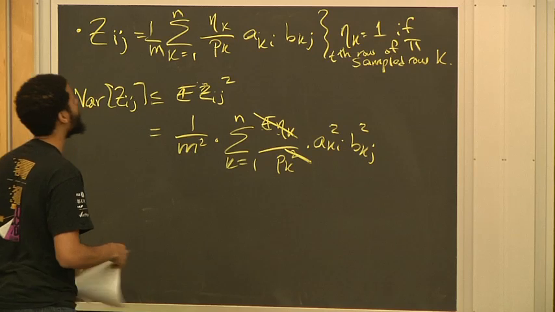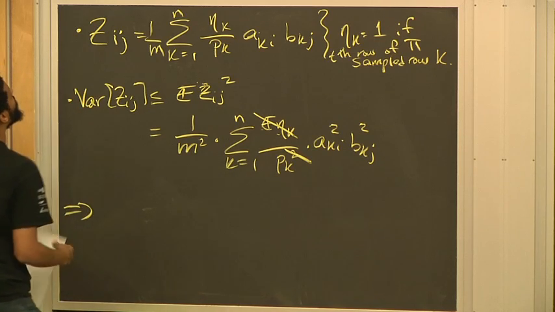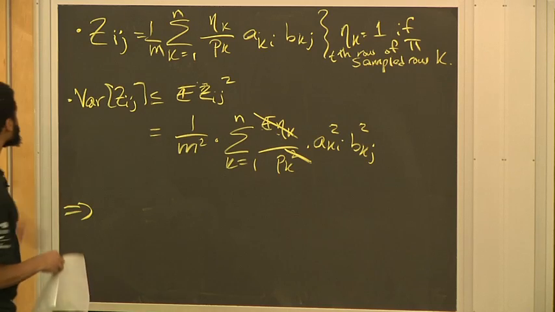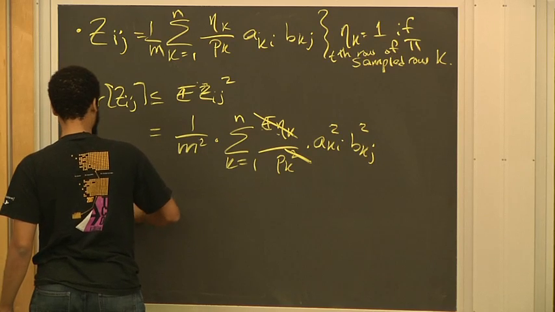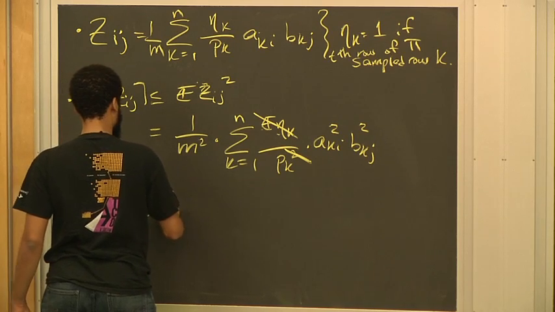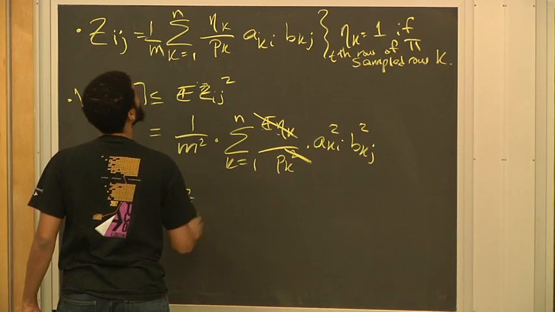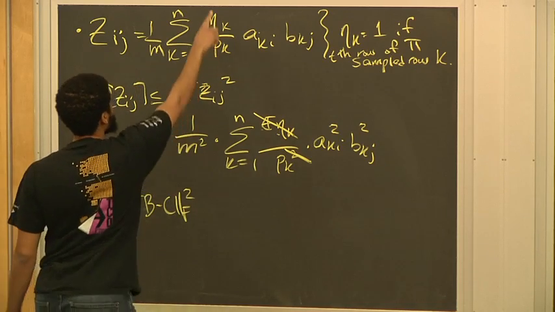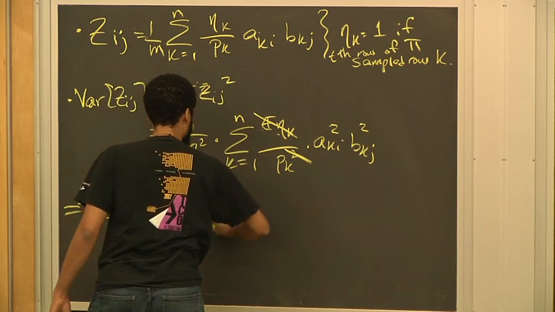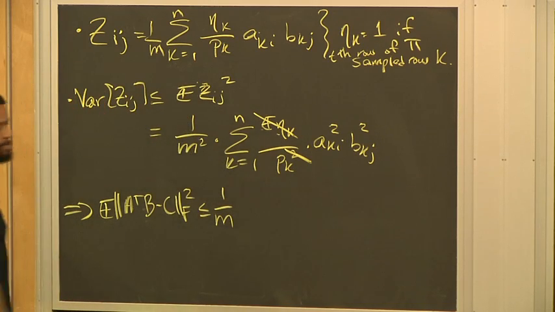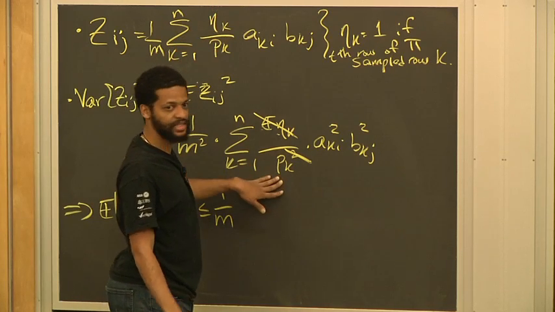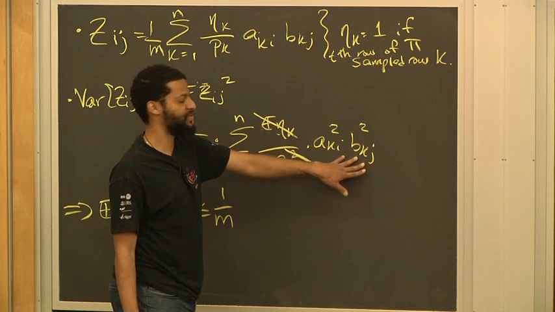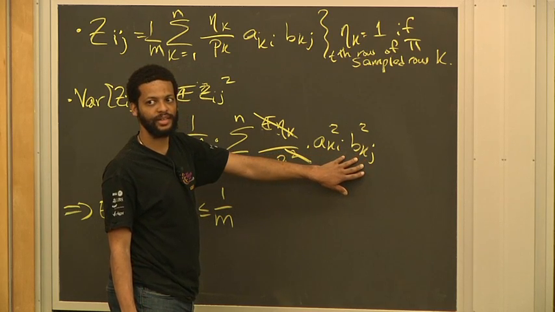So going back up there, the expectation of the Frobenius norm squared of A transpose B minus C is at most, since there's an m over m squared, 1 over m. And then we have a sum over ij of this.